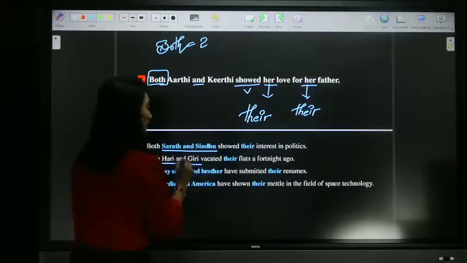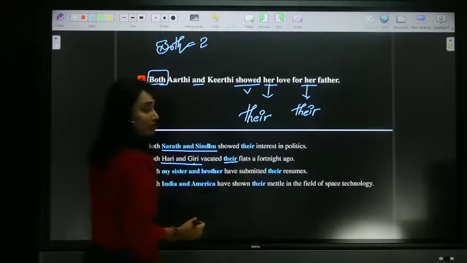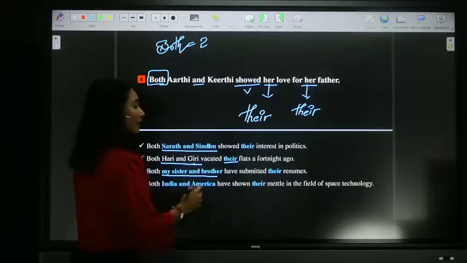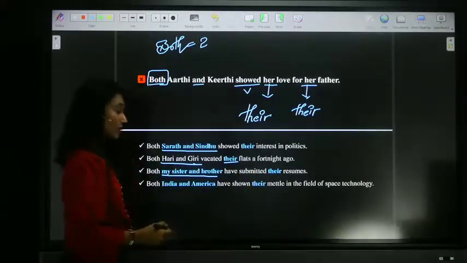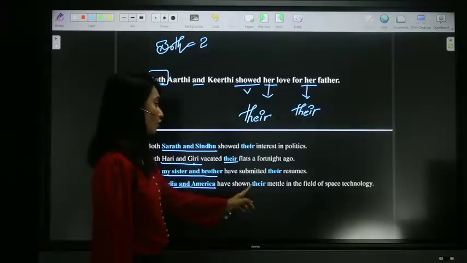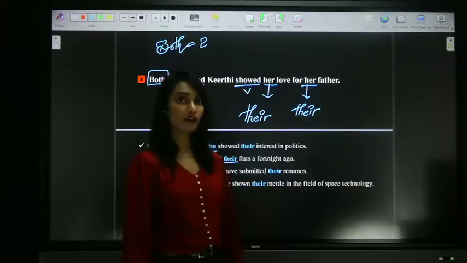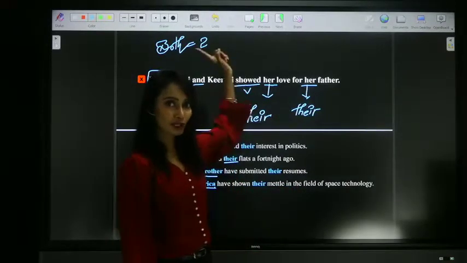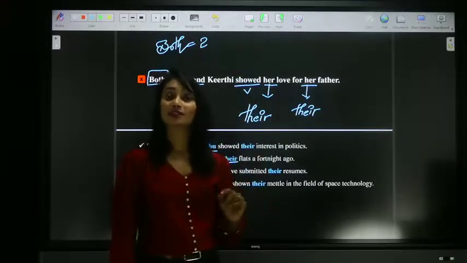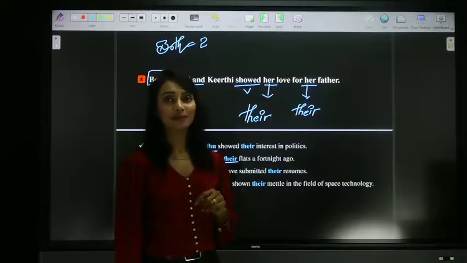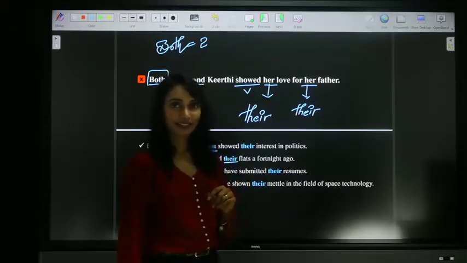Both Hari and Giri vacated their flats a fortnight ago. Both my sister and brother have submitted their resumes. Both India and America have shown their mettle in the field of space technology. Right? So remember, both means two. Hence, both is always followed by a plural verb and plural pronoun. Right? Now let's see the next one.